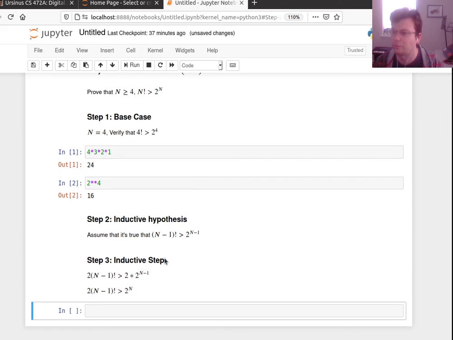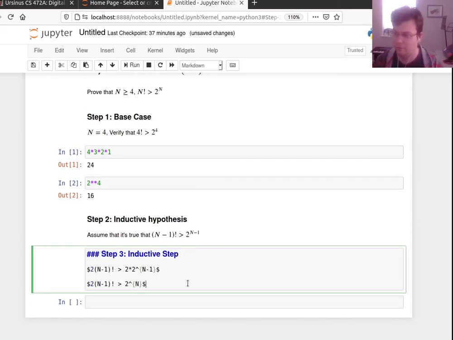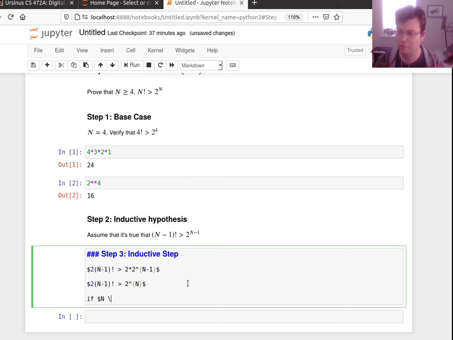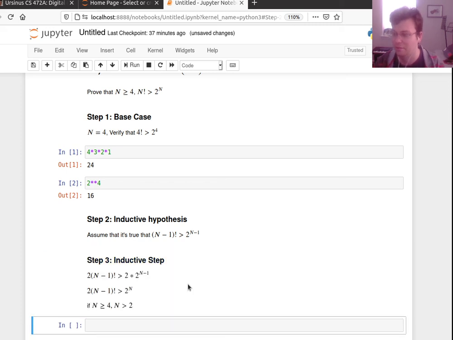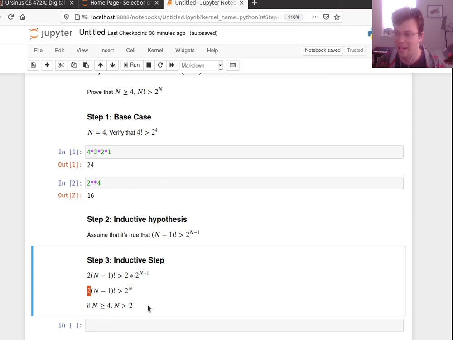Now, if n is greater than or equal to 4, then certainly n is greater than 2, right? I mean, that's kind of a trivial statement right there. If n is bigger than or equal to 4, then it's definitely bigger than 2 also. But what this allows us to do is to preserve this inequality by changing the 2 into an n.